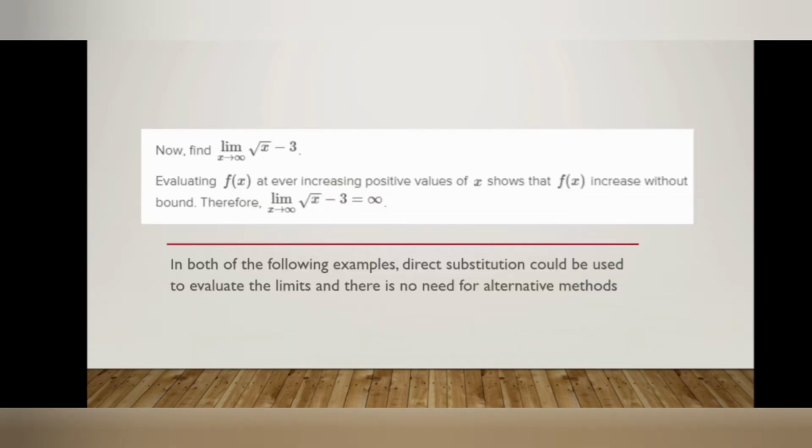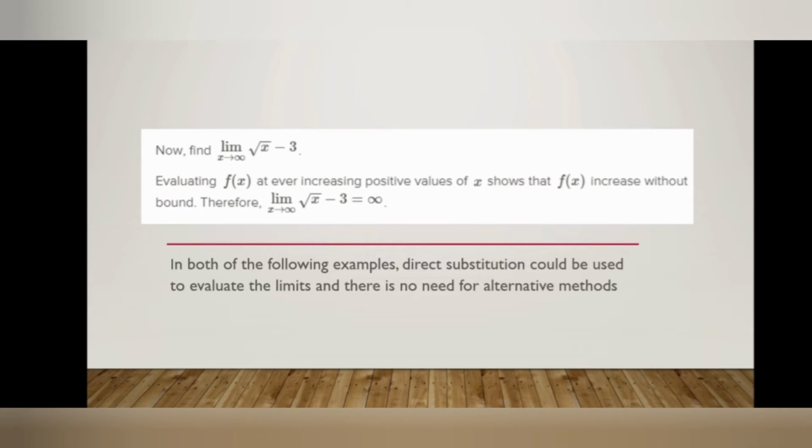Now, find the limit as x approaches infinity of square root of x minus 3. Evaluating f of x at ever-increasing positive values of x shows that f of x increases without bound. Therefore, the limit as x approaches infinity of square root of x minus 3 is equal to infinity.